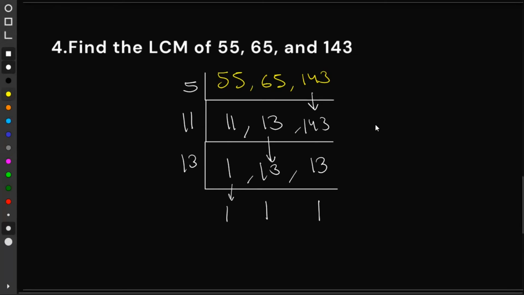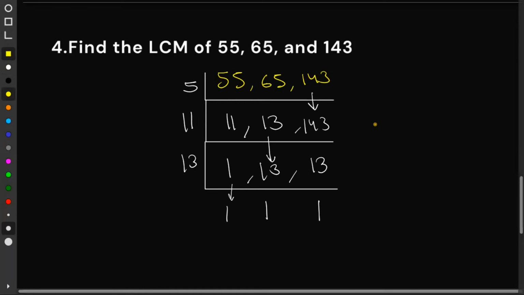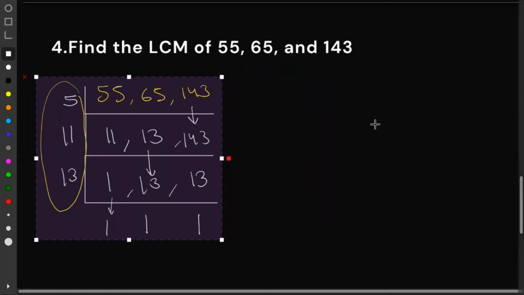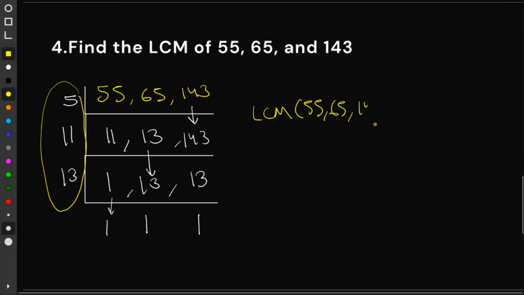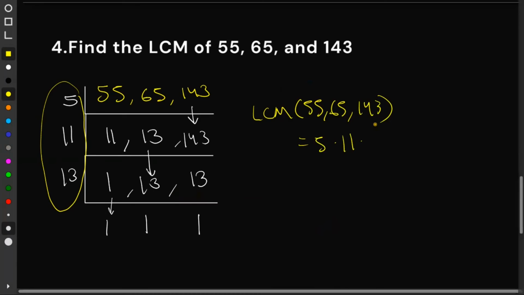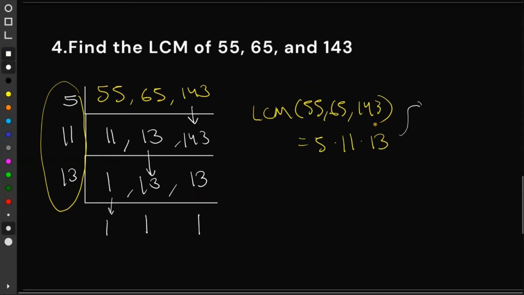So now we can actually find the LCM by simply multiplying this part and this part. But this is all 1, so we disregard that one. Moving this out here, we have that the LCM of 55, 65, and 143 is equal to 5 times 11 times 13, which is, let's try to manually compute it.